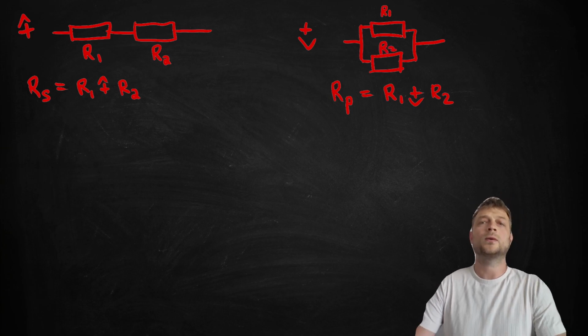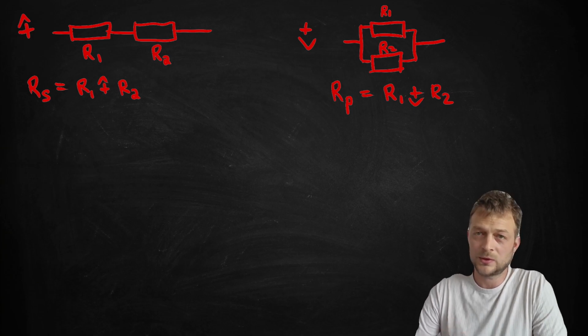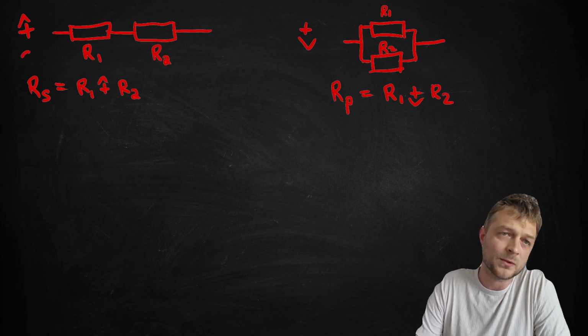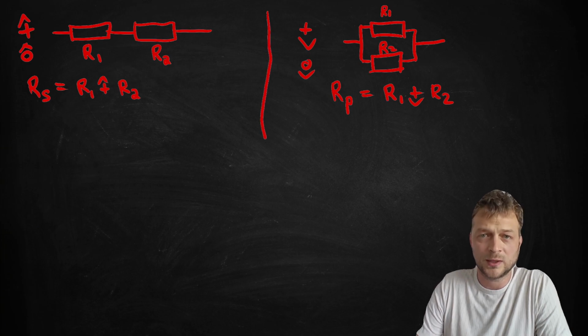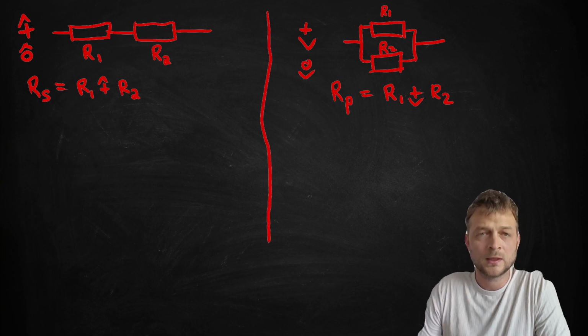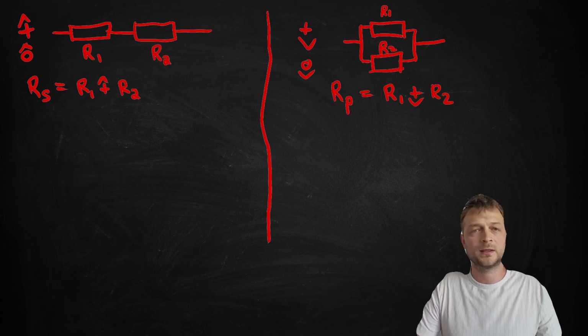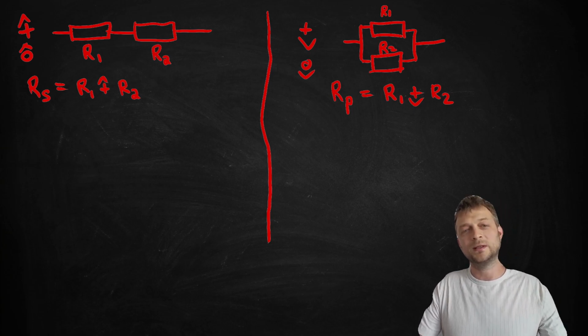So I want to introduce two zeros, one for each of these operations. The zero on the left I will denote with a hat on top, and the zero on the right will have the hat on the bottom. Let's split this into two halves. The zero element is expected to preserve the quantity it is added to.